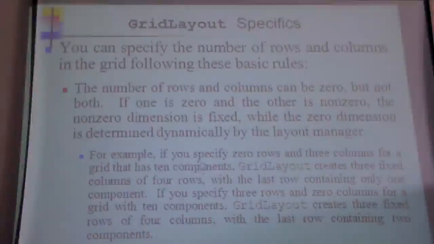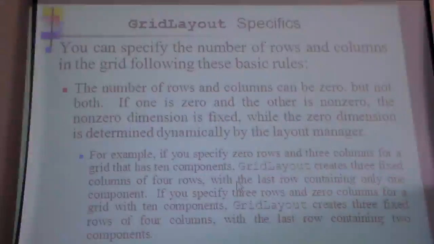For example, if you specify 0 rows and 3 columns for the grid, the layout creates 3 fixed columns, with the last row containing only one component.